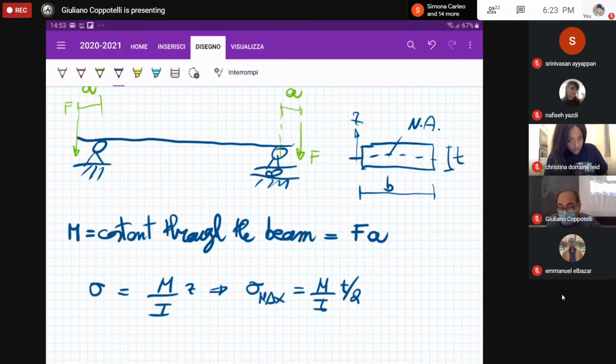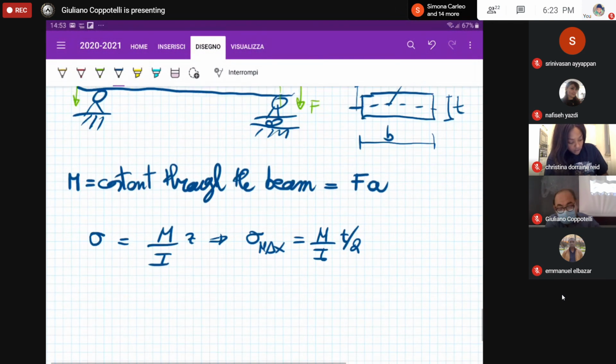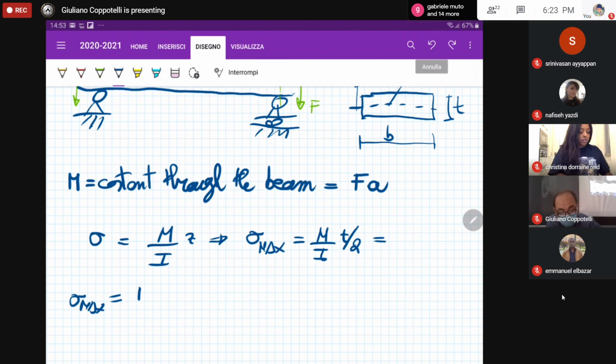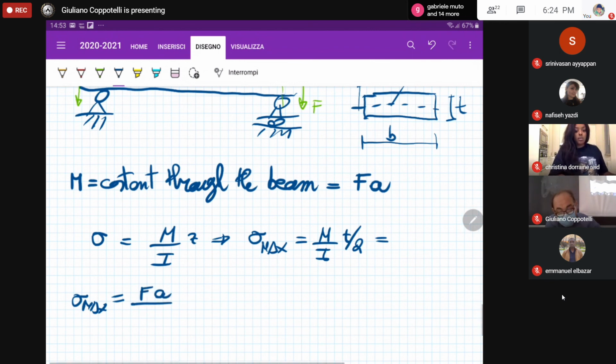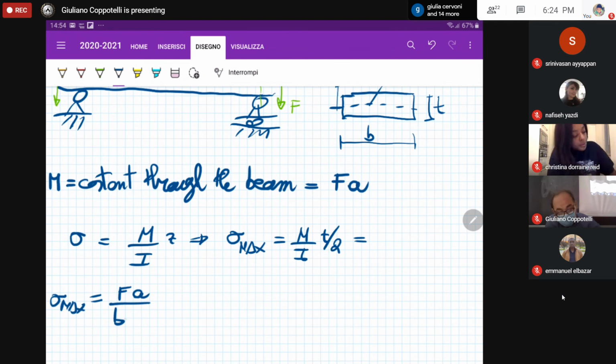Remember the moment of inertia I is bt cubed over 12. So the maximum stress is the bending moment F times A divided by the moment of inertia, bt cubed over 12, times half the thickness.